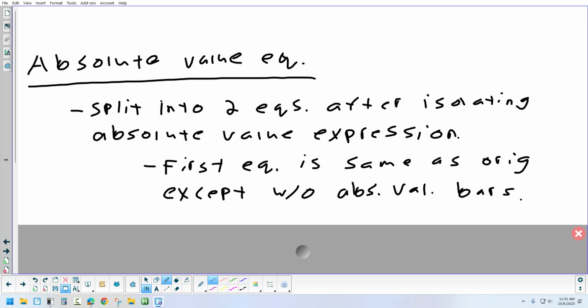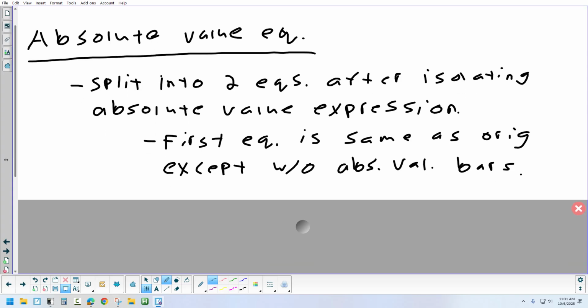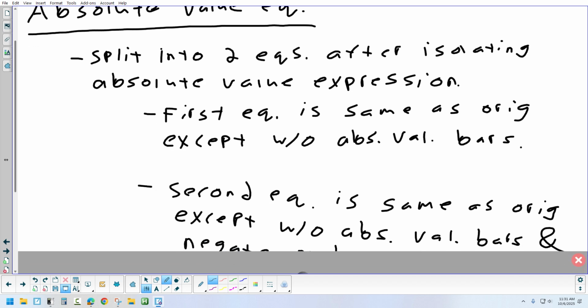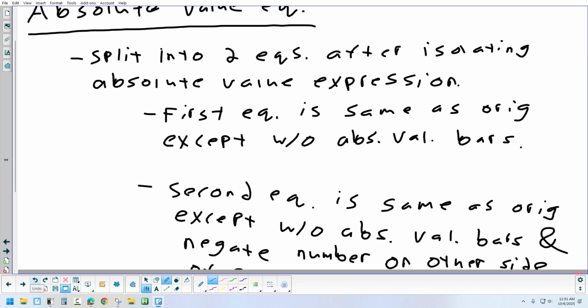Then we split it. The reason we're splitting it is to get rid of the absolute value bars. When you split it, the first equation that you write down is exactly the same as the original. You just take out the bars. That's it. Just write the same equation without the bars. The second equation, you start out the same way.